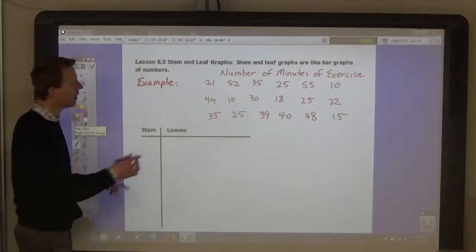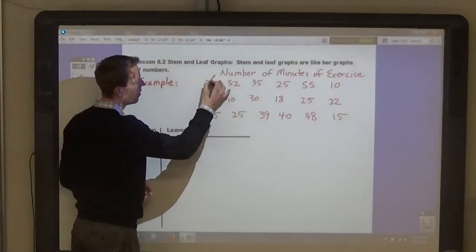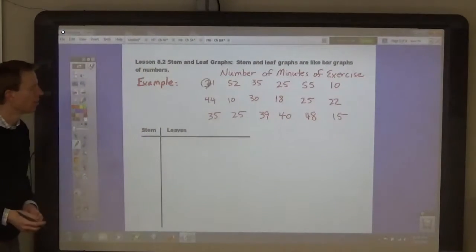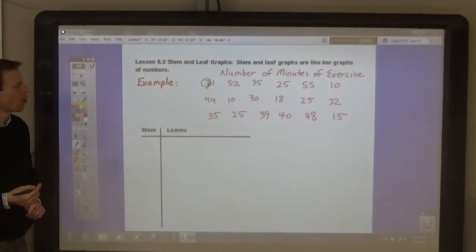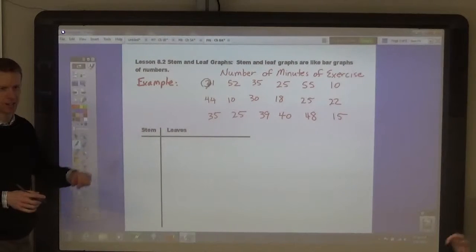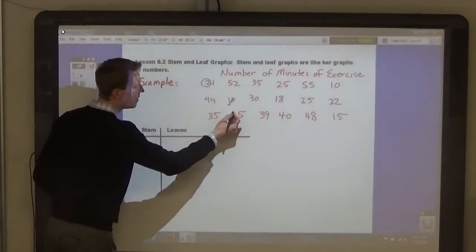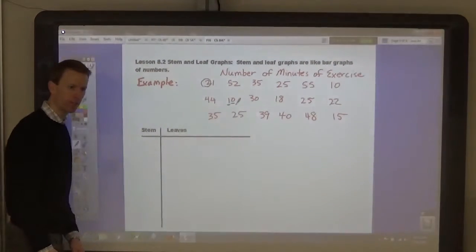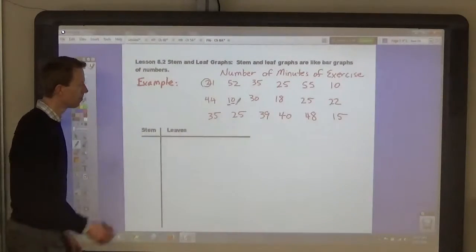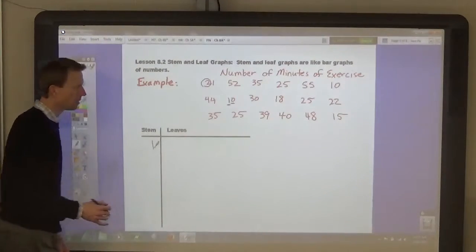The stem is the first number in the set of numbers, okay? What's the lowest stem in this set of data? Roy? 10. So 1 is the stem and 0 is the leaf. So there's a stem of 1.